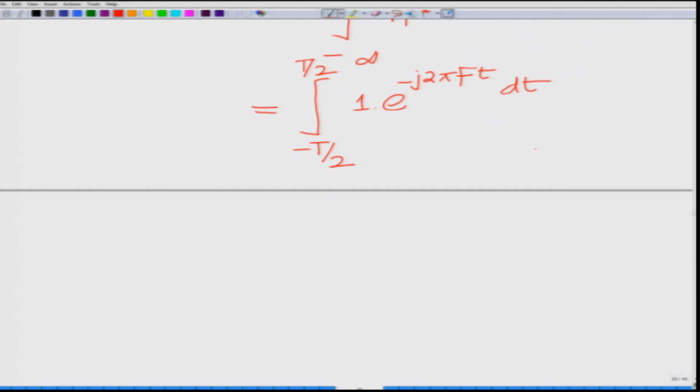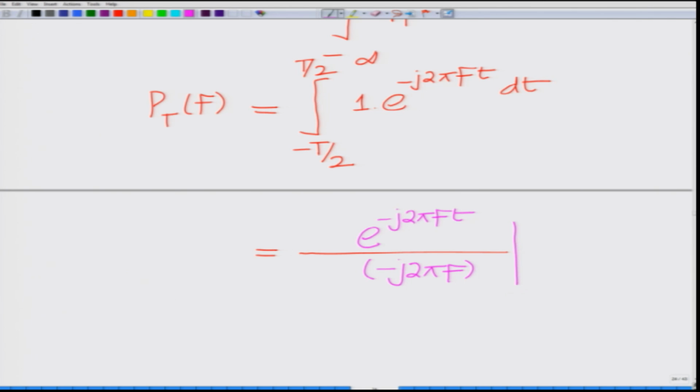And this integral, you can call this also the Fourier transform of p_T, that is P_T(f), and the integral of e to the power of minus j 2 pi f t is e to the power of minus j 2 pi f t divided by minus j 2 pi f, evaluated between the limits T by 2 to minus T by 2.